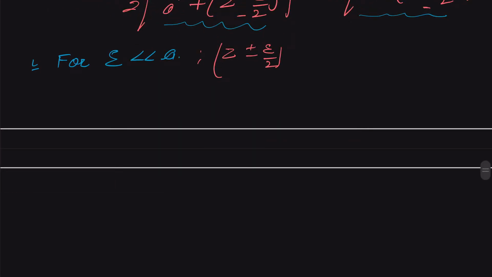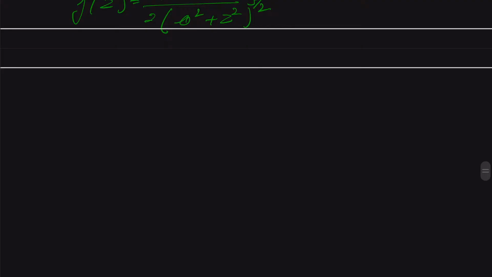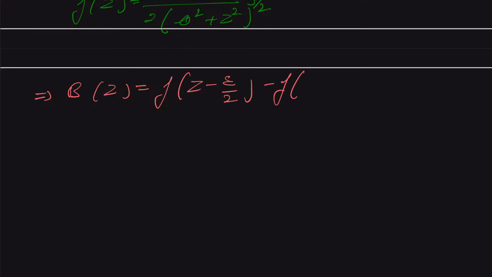Therefore we can write that the function f of z will be equal to μ₀Ia² over 2(a² + z²)^(3/2). Therefore the magnetic field at a point z will be equal to the function at z minus epsilon by 2 minus the function at z plus epsilon by 2.